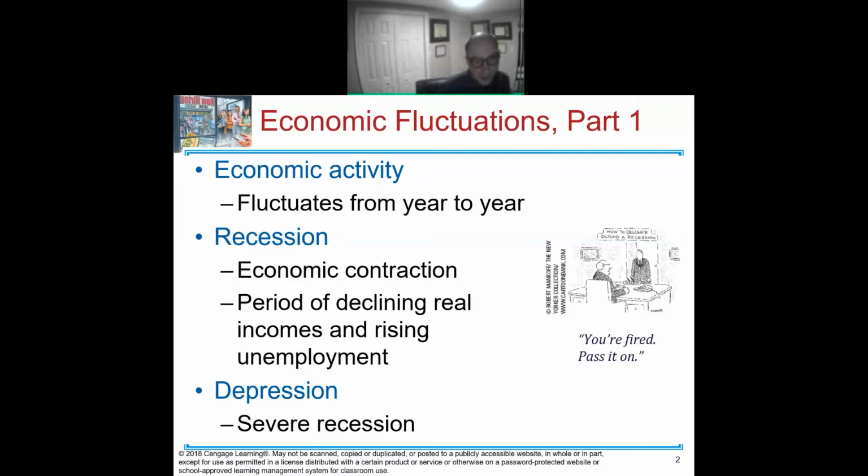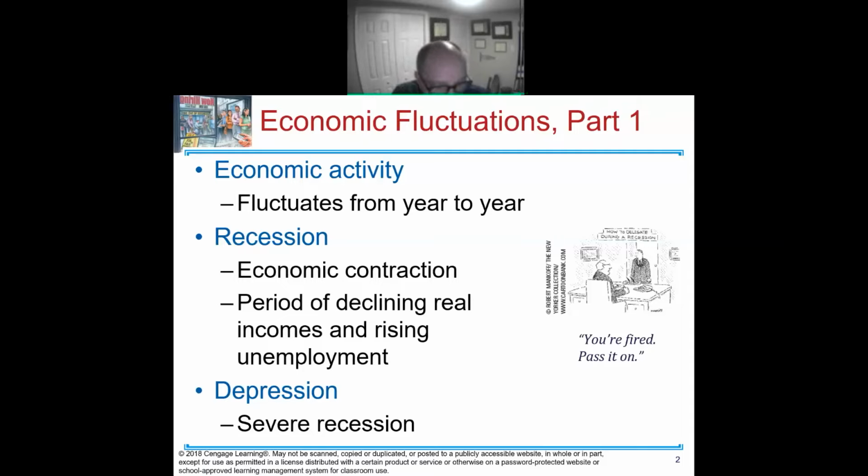When the economy goes down a little bit, it's said to experience what we call a recession. A recession happens when economic conditions worsen, when there is a decline in incomes and unemployment goes up. We've had a few of those, most notably the Great Recession from 2007-ish, 2008-ish to 2010. It was called the Great Recession because of how deep it went.